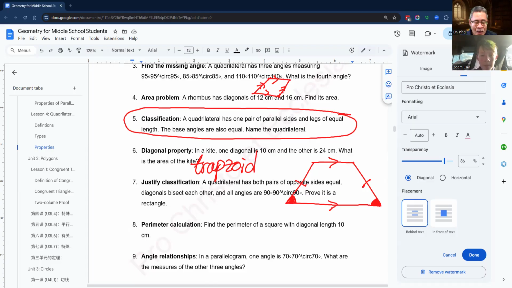So that's called an isosceles trapezoid, just like an isosceles triangle. In an isosceles triangle, two legs are the same. An isosceles trapezoid also has two legs that are the same. Good. Very good.